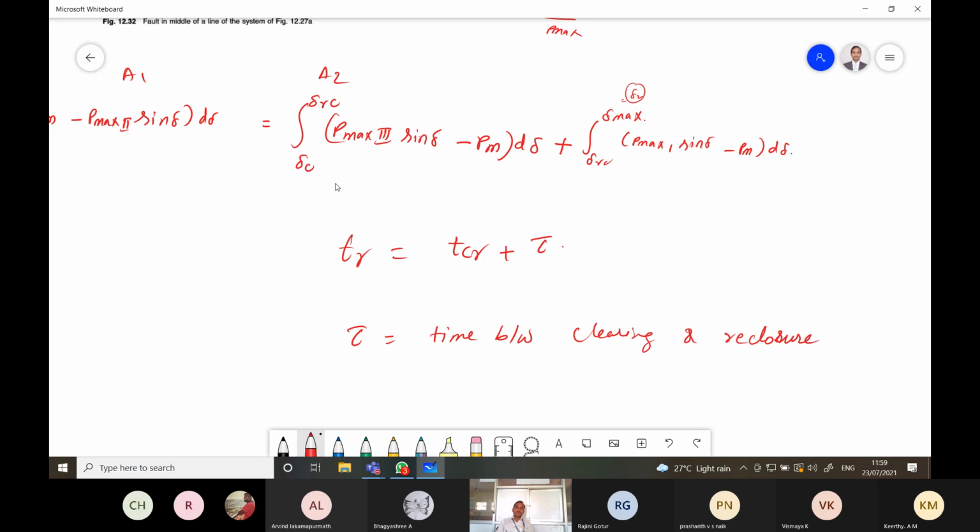Tcr is the critical clearing time, and tau is the time between the clearing time and the reclosing time, where Tr is the reclosing time. So Tr minus Tcr will give tau. So this is about the equal area criterion, and this completes the equal area criteria.